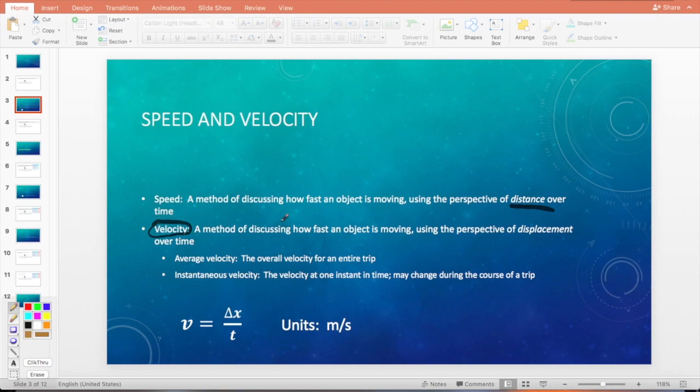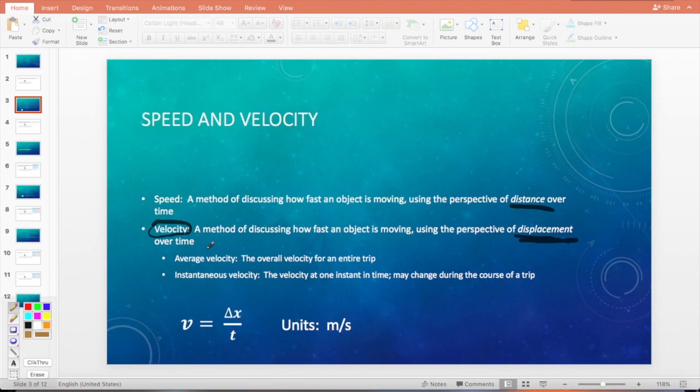It is a method of discussing how fast an object is moving. This whole unit is about motion. Things that are in motion have a fastness, they have a velocity. But this time we're using the perspective of displacement over time. So this is very important. We have another equation. Velocity is equal to delta x over t, the displacement over time. And the units are meters per second.